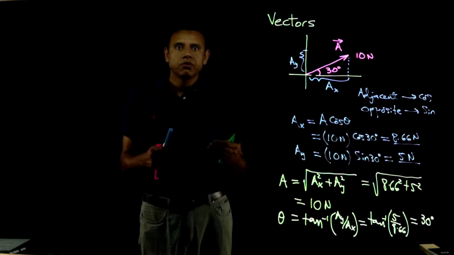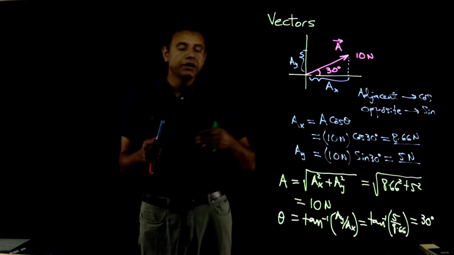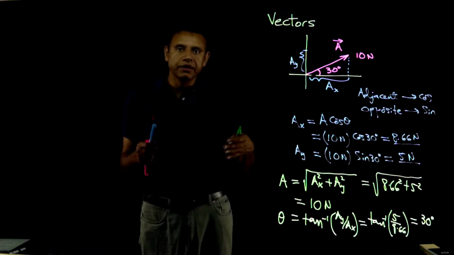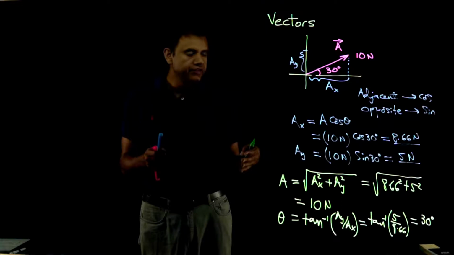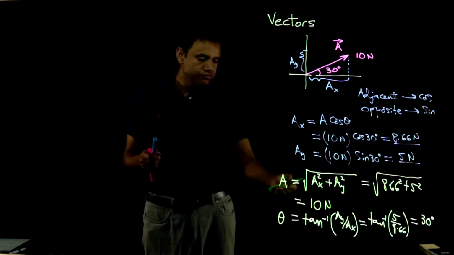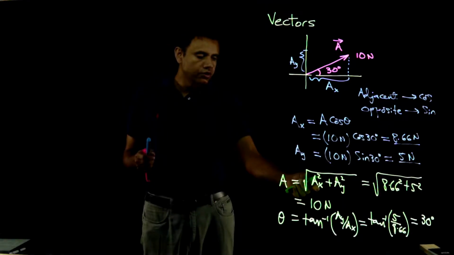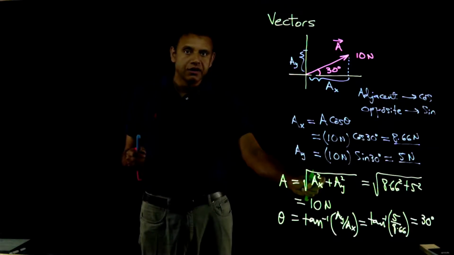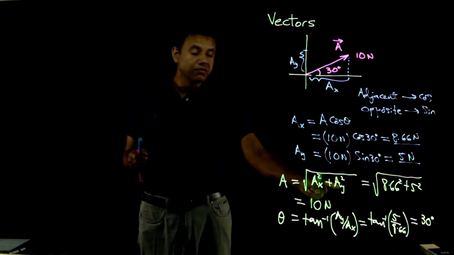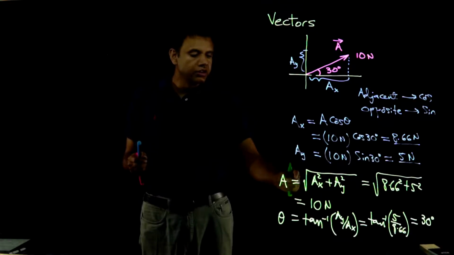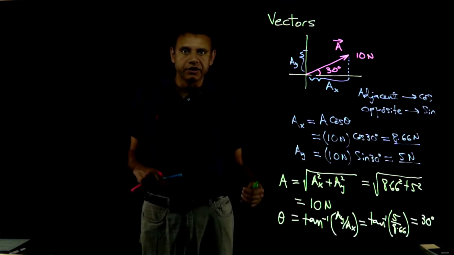Do the same thing for Y: add the Y component of A and the Y component of B. Then to get the full vector, you take the square root of the sum of X components squared plus the sum of Y components squared, which gives you the total resultant of that vector.